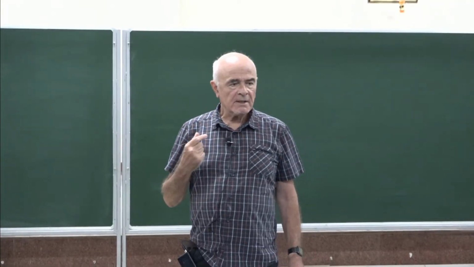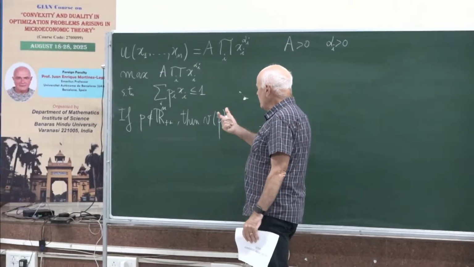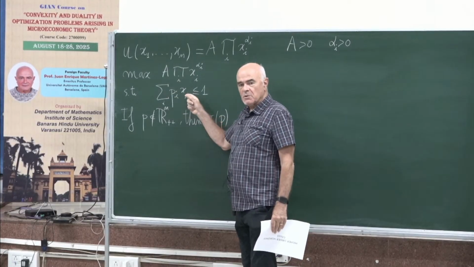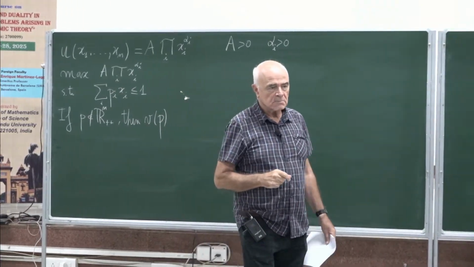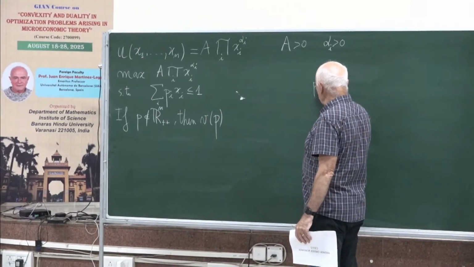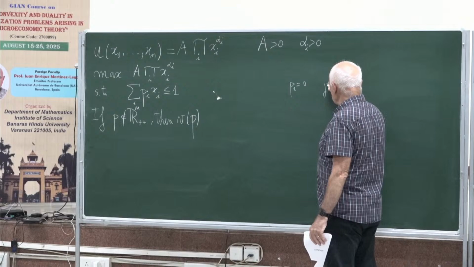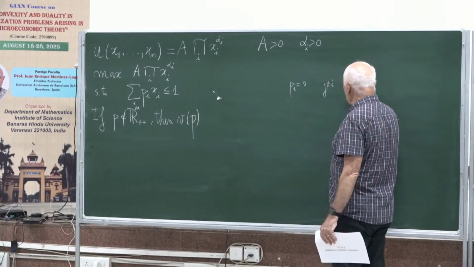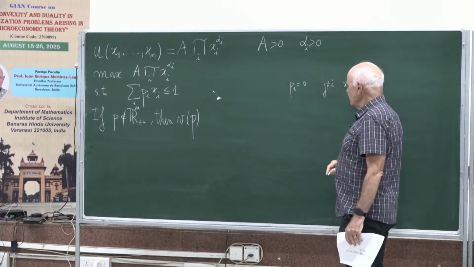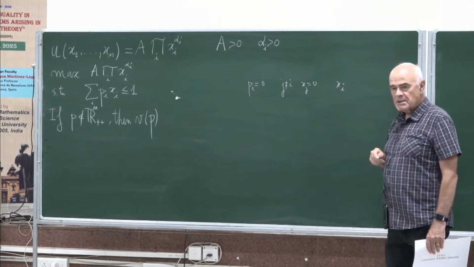So if some p_i is equal to 0, then for the remaining indices you can take some amount of x_j which satisfies the constraint, just a small amount, even 0. Okay, so suppose p_i is 0. Then for j different from i, you take x_j equals 0 and x_i arbitrary, any x_i.